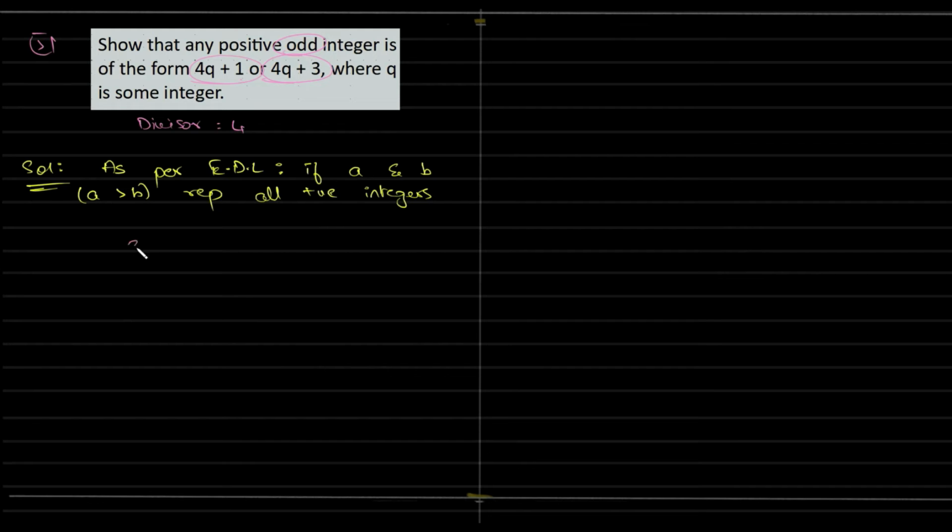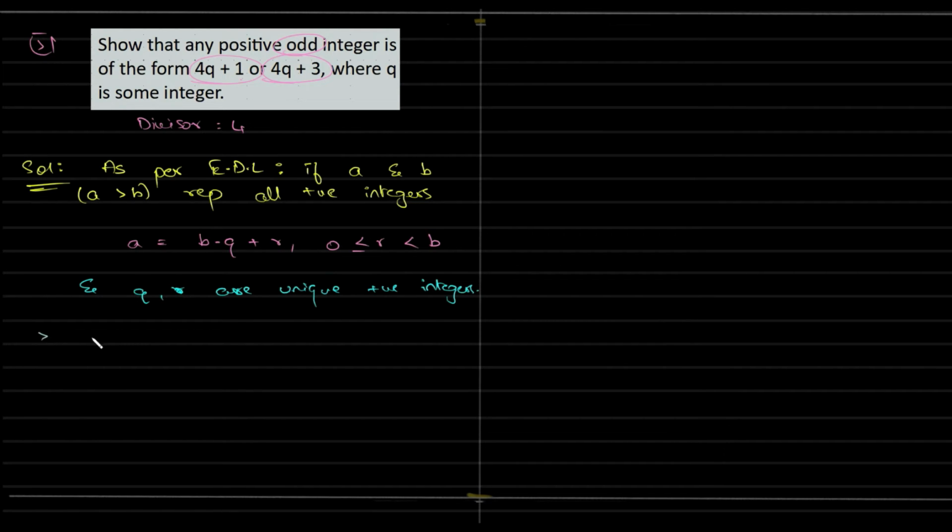Then I can write A as B into Q plus R, where R is greater than or equal to 0 but always lesser than B, and Q, R are unique positive integers, right? So that's your general statement.